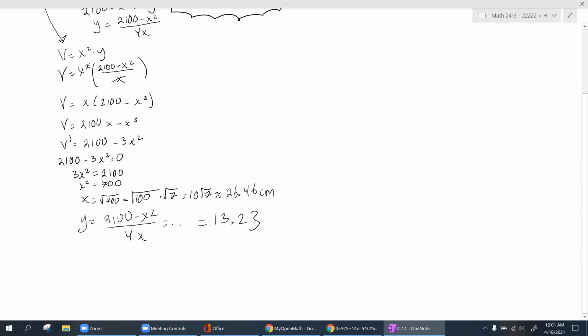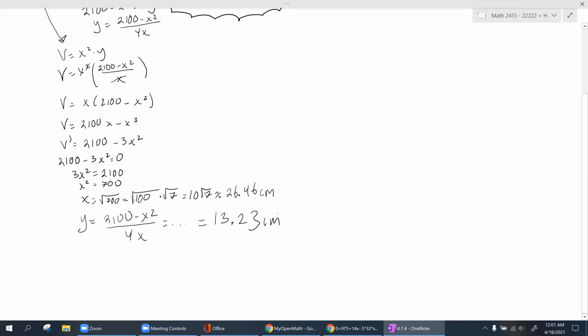Let me check that again one more time. 2100 minus, that cancels out. That over, or times that. Yep, that's what I got, 13.23 centimeters.